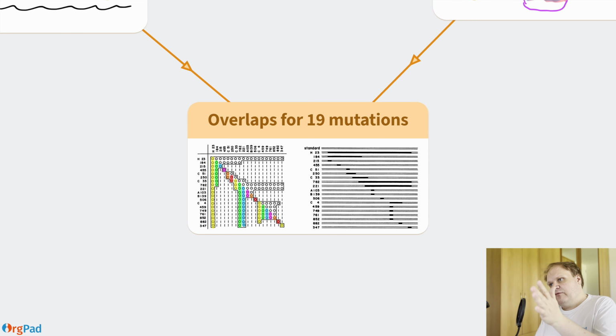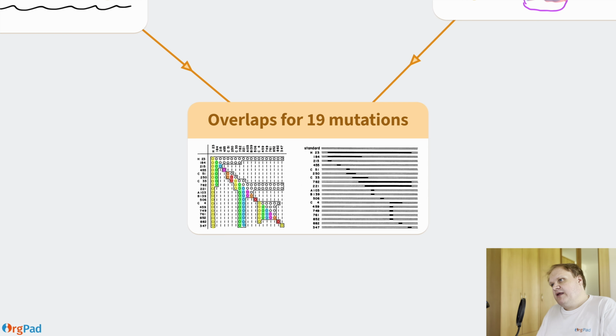And he was able to obtain an interval representation for this matrix, or in the language of graphs, for this interval graph. So these 19 mutations, when you considered all pairs of them and put this information together, he obtained an interval representation.